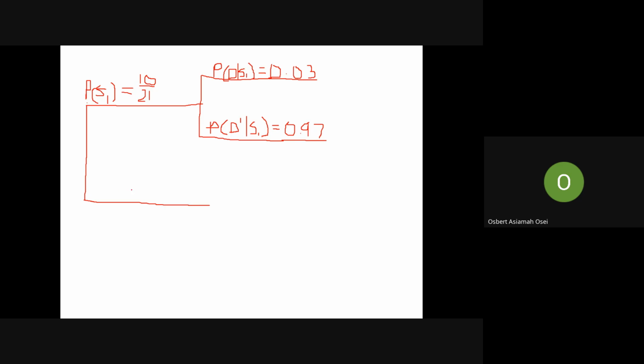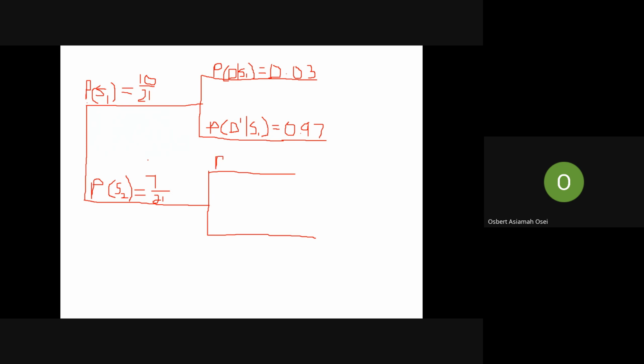So the probabilities for supplier 2. Supplier 3, you will do at your end. Supplier 2, we have the probability as 7 on 21. Supplier 2 can also give us something good or something defective.